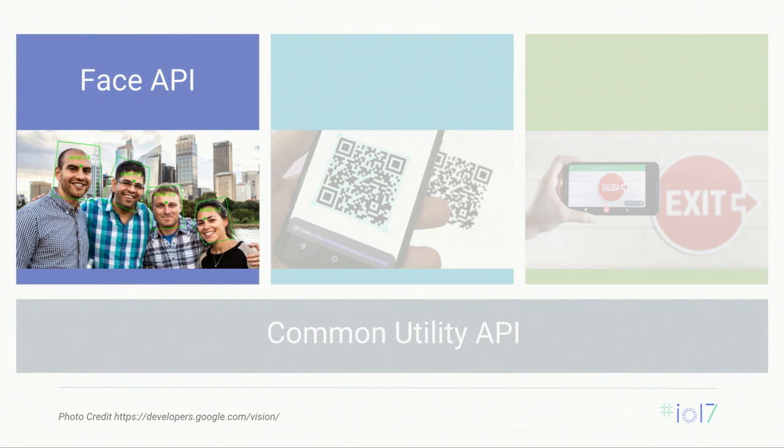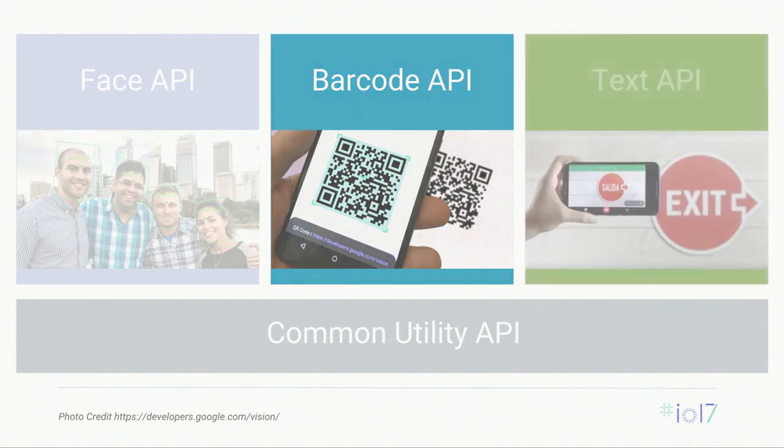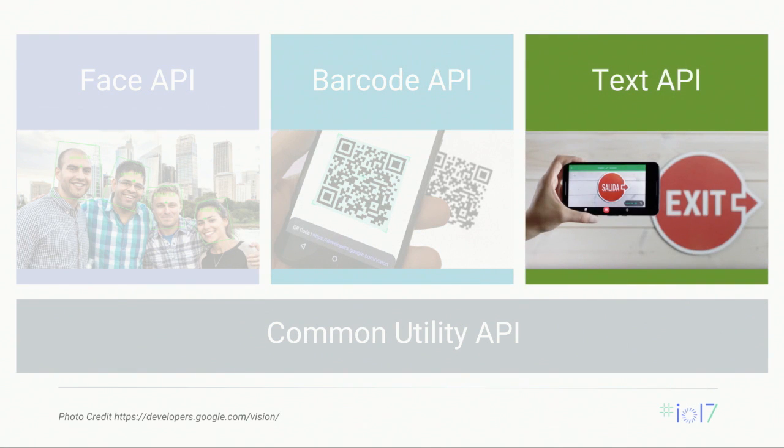It also understands landmarks like nose and eyes, as well as facial classification, like are you smiling or is your eye closed? The barcode API can detect 1D and 2D barcodes in multiple formats and different orientations at the same time. The text API can detect Latin-based languages. For detected text, it also understands its structure, like paragraphs and lines.